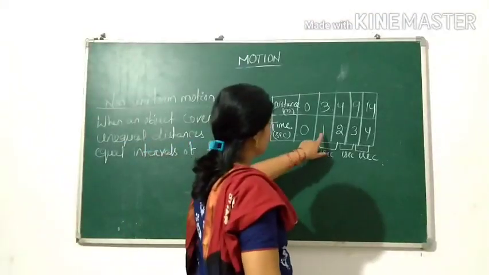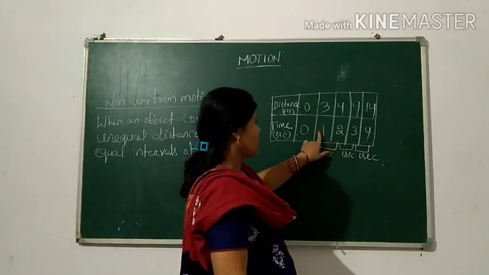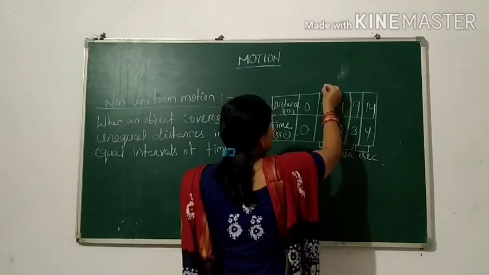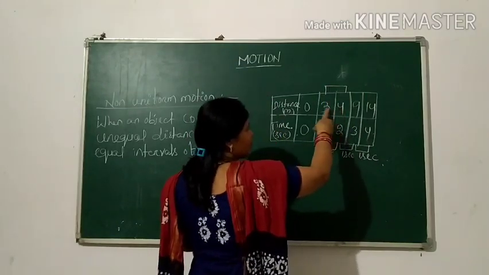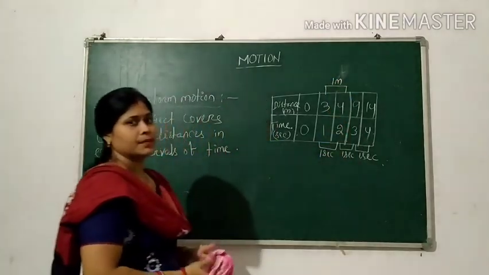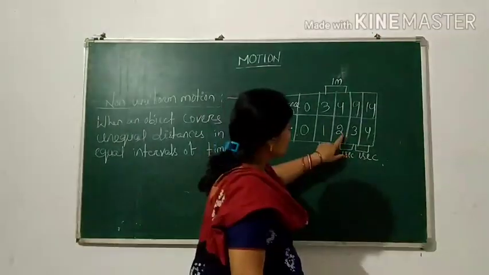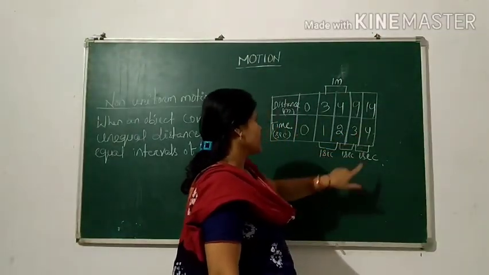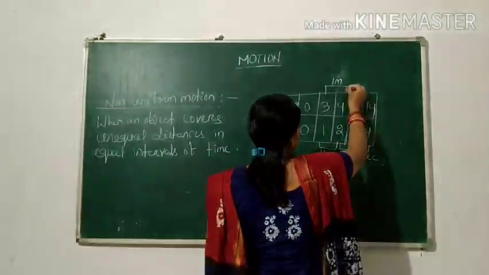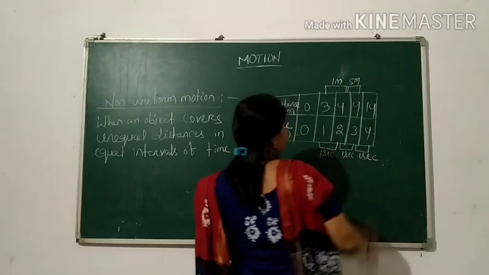But let us take the first case. Coming from 1 to 2 seconds, the time interval is 1 second, but the distance traveled by an object is 4 minus 3, that is 1 meter. Then the second case, from 2 seconds to 3 seconds, the time interval is 1 second, but the distance traveled is 9 minus 4, that is 5 meter.